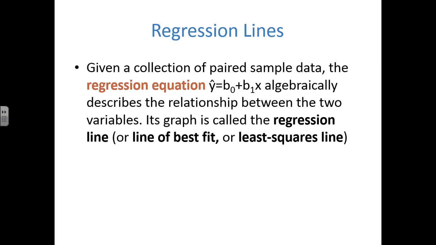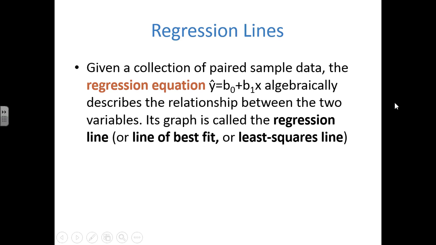This should look very familiar to you from high school. When you studied equations of lines, you probably learned y equals mx plus b. Well, in this case, b1 is that slope and b naught is the y-intercept, just like you learned when you were in high school. Now, this describes the relationship between x and y.